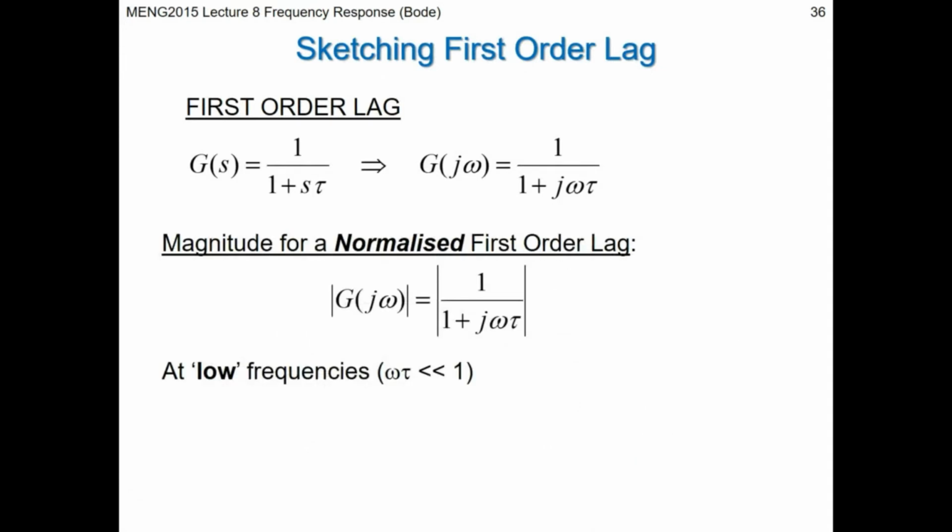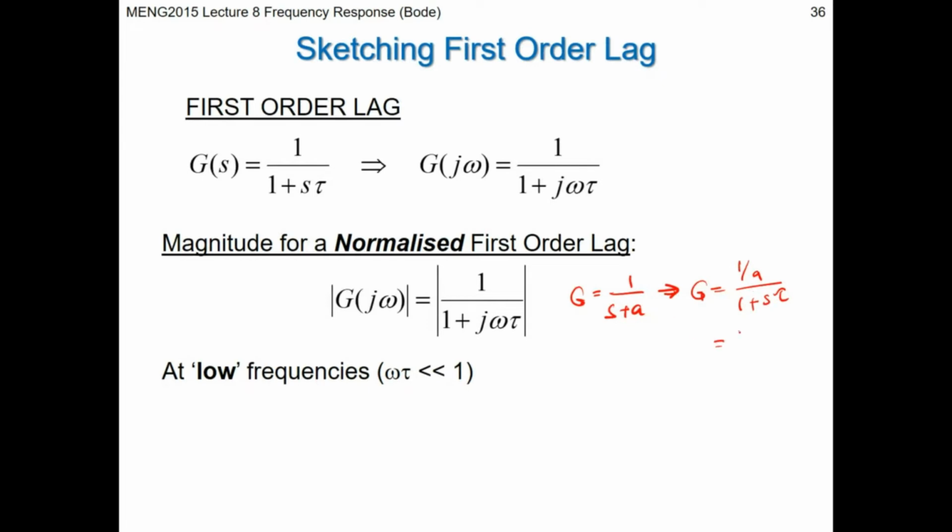Now, if we were to generalize the behavior of this and normalize the first order lag, so that's where we go from G equals 1 over S plus A, we're going to normalize it by saying G equals 1 over A over 1 plus S tau.